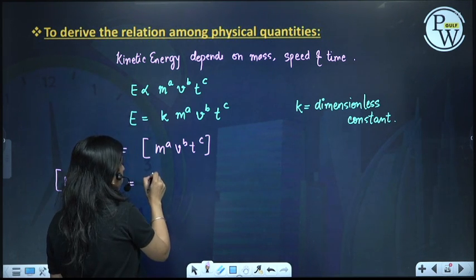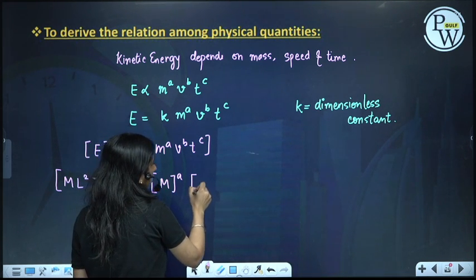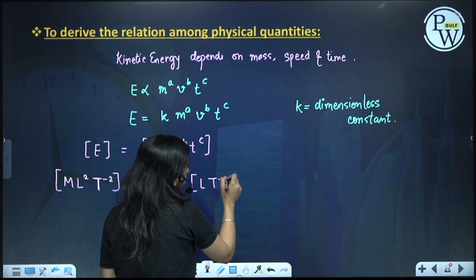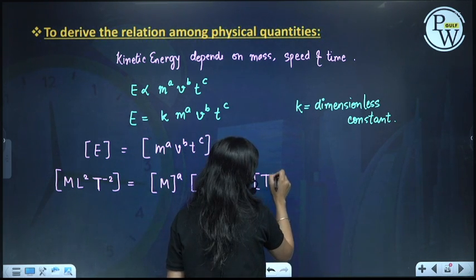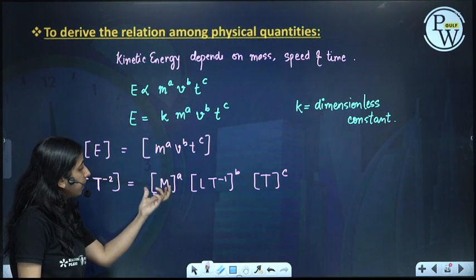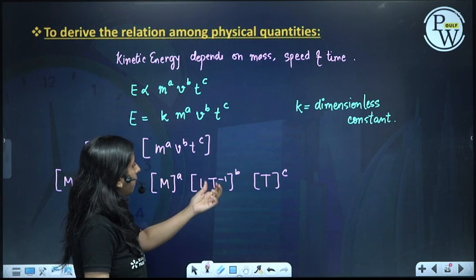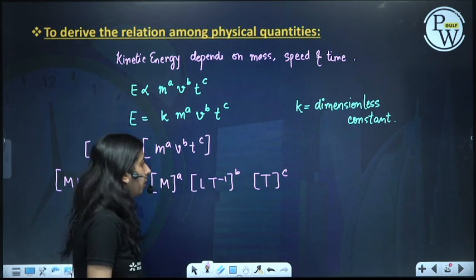What are the dimensions of mass? So it will be M raised to the power a, velocity L T minus 1 raised to the power b and time T raised to the power c.